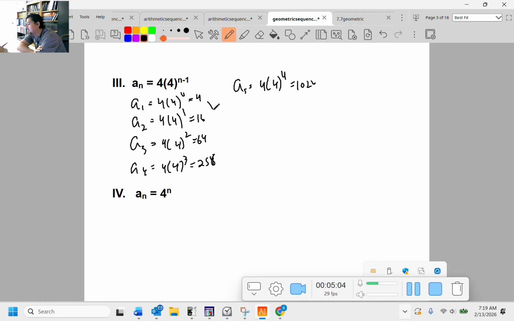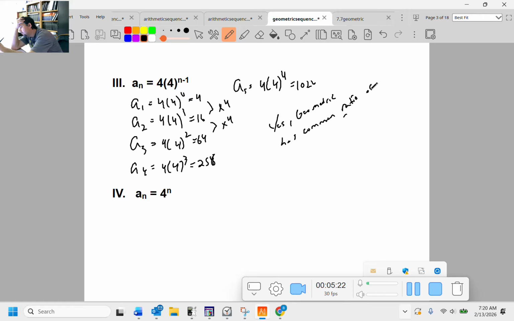And you should be smart enough to tell that right here, we're multiplying by 4. So yes, this is geometric. It has a common ratio of 4.